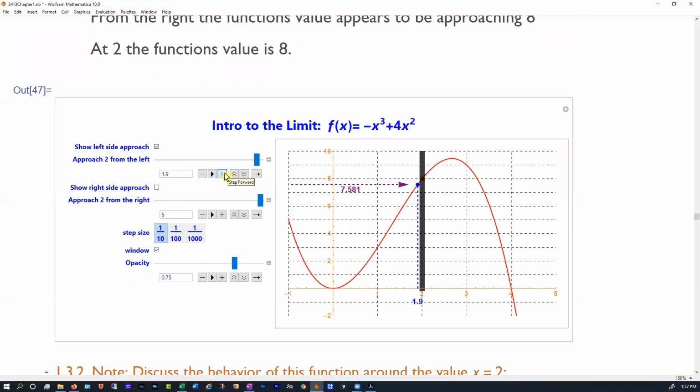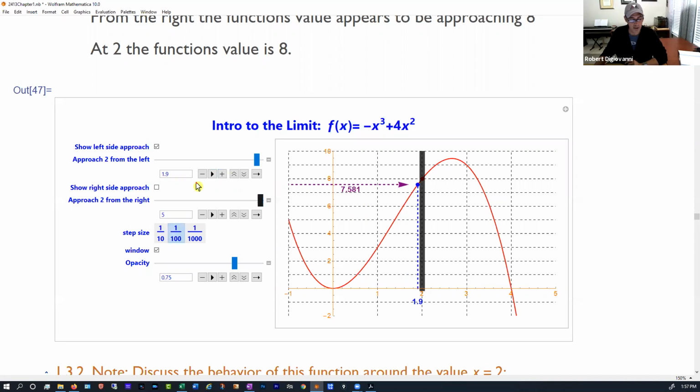Looks like it's getting closer to 8, right? Let me get even closer. We're at 1.99 right now, and look at our y value, 7.95, getting closer, right? I'm at 1.99, and I'm really close to 8.